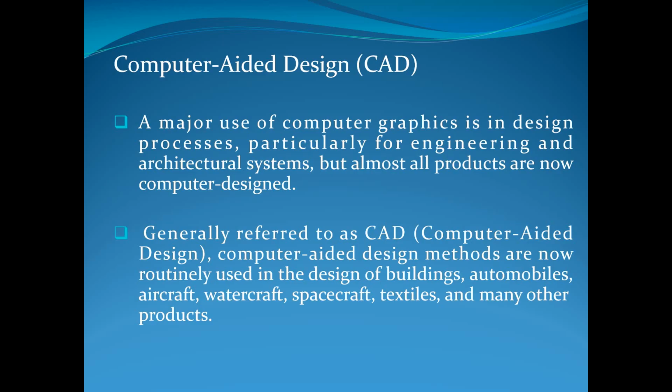So next, computer aided design. This is also one of the applications of computer graphics. Computer design methods are used in the design of buildings, automobiles, aircraft, watercraft, spacecraft, computers, textiles and many other products.